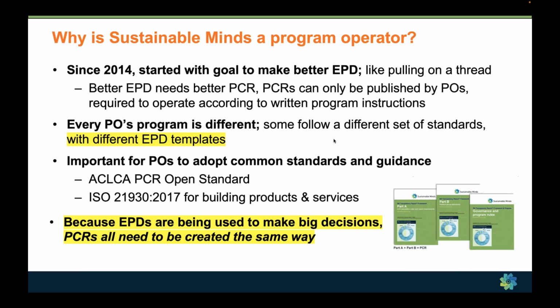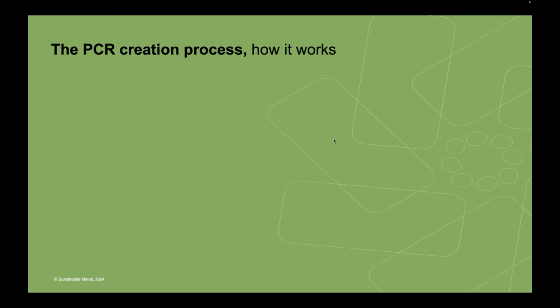And so moving forward, because of this tremendous demand for faster and more and better EPDs, it's going to be critical for program operators to adopt common standards and common ways of publishing. Again, because EPDs are being used to make big decisions, PCRs all need to be created the same way.